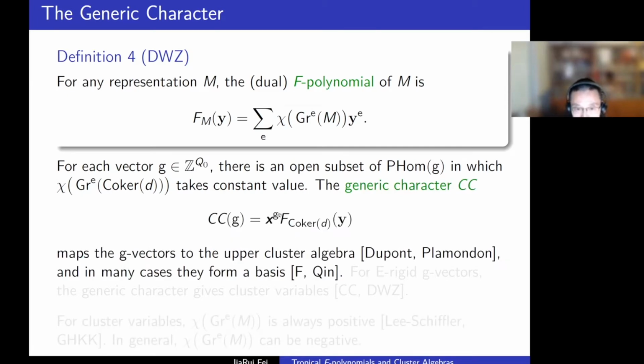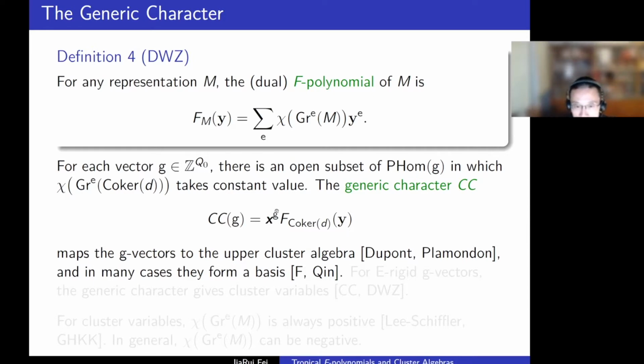I map g to x^g times, you take a co-kernel, get a representation, then take the F-polynomial. It is known that this generic character maps the g-vector to an element in the upper cluster algebra. This was first introduced by Dupont, then further studied by Plamondon. And in many cases, they proved to form a basis of the upper cluster algebra.